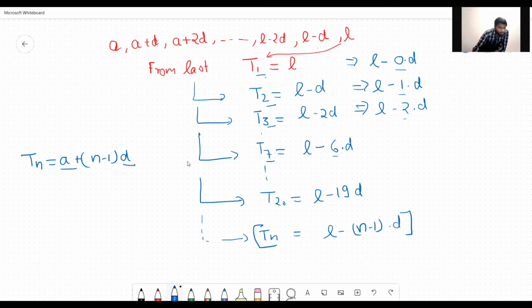The requirements of this new formula are L, that is the last term of the AP, and common difference D. So if you are given the last term and common difference and you are asked to find the term from last, you will use L minus n minus 1 D.